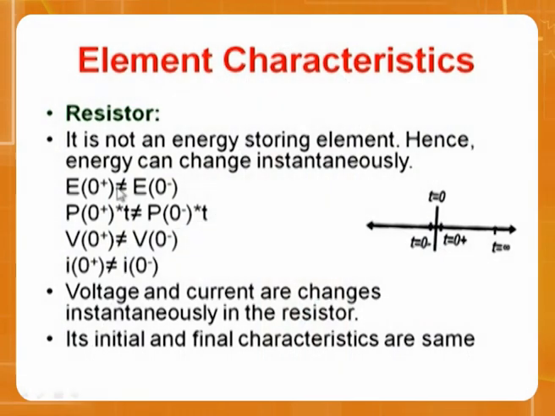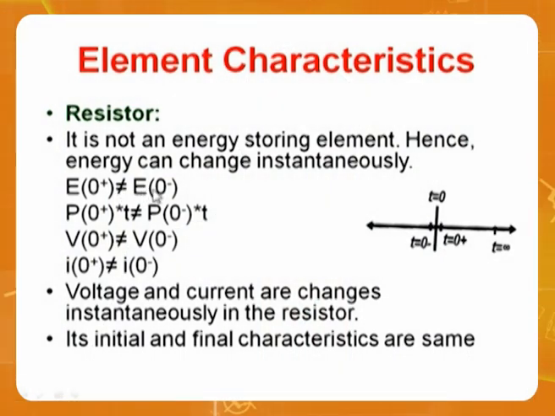Therefore, whatever is there need not continue. Suppose it was 0 before, it can easily increase. Whereas in an inductor and capacitor, they need some time. That means whatever is there before will be continued. So in a resistor, energy just before switching need not be equal to just after switching. Please observe here, energy at 0 plus need not be equal to that at 0 minus.